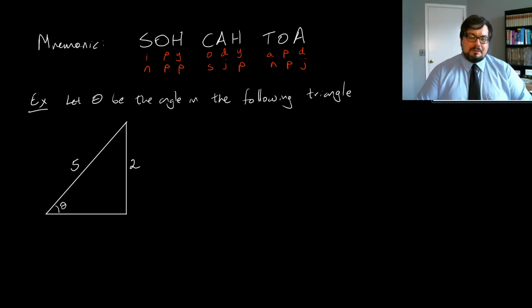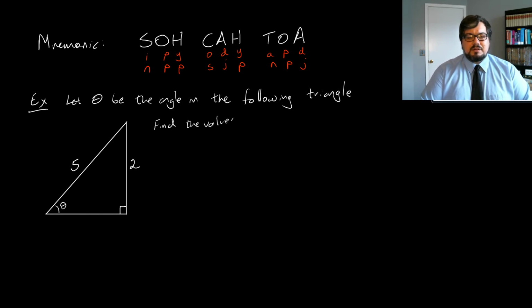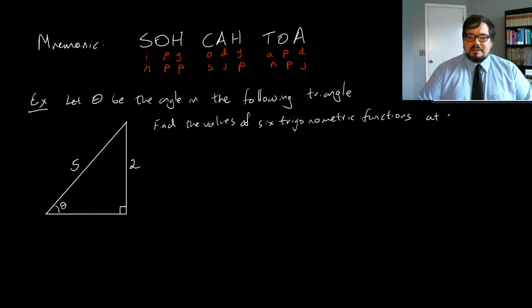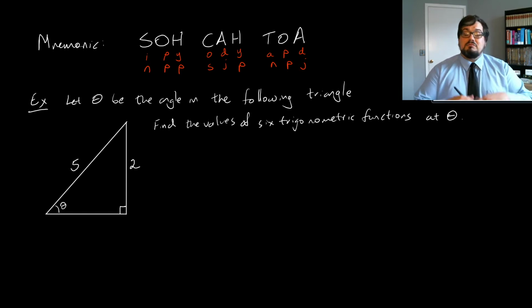But that's all the information that's given to us, other than this being a right triangle, of course. And the problem is to find the values of the 6 trigonometric functions at theta. So we want to find sine of theta, cosine of theta, tangent of theta, secant, cosecant, and cotangent of theta.